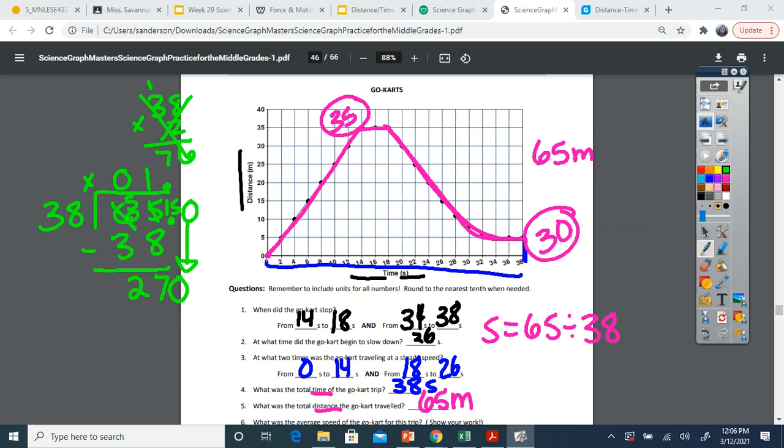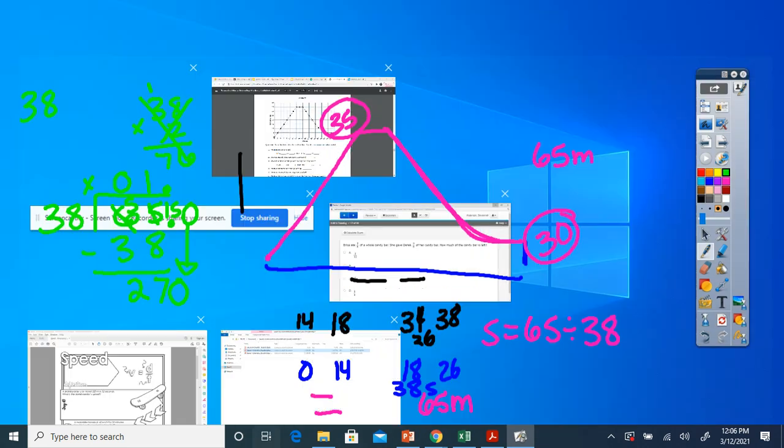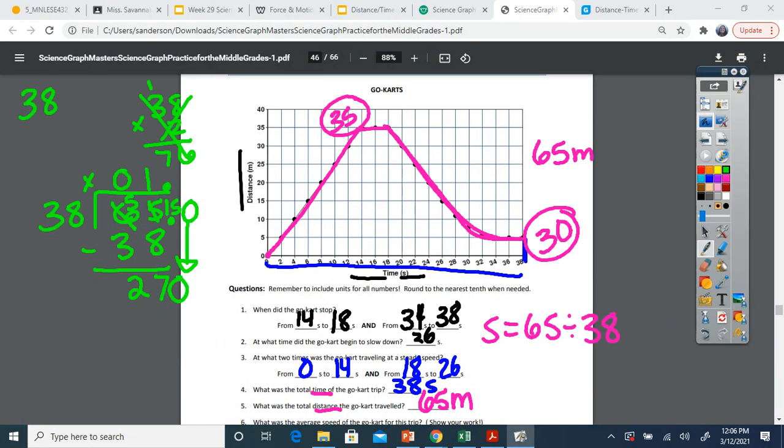38 goes into 270 how many times? We're going to guess and check. Okay, 38 times, let's do 5. I'm just guessing here, guessing and checking. 190.